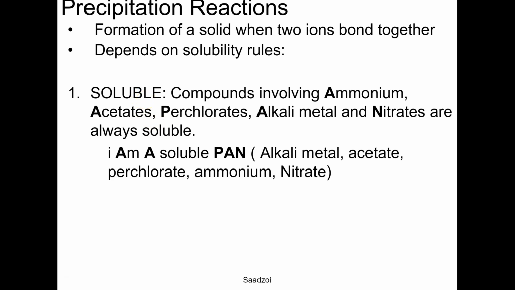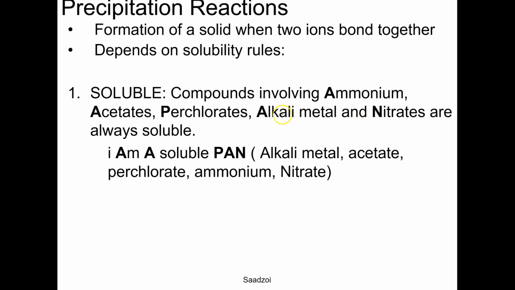The rules are in a hierarchy, meaning rule one takes priority over rule two, which takes priority over rule three. The first rule says that these are the things that are soluble: ammonium, acetates, perchlorates, alkali metals, which is group 1A, and nitrates are always soluble. Always, not sometimes, always.